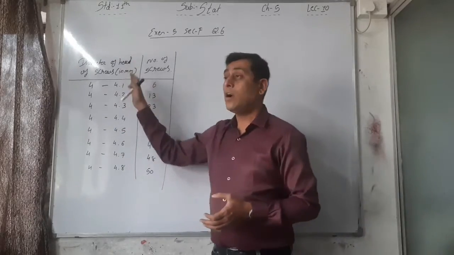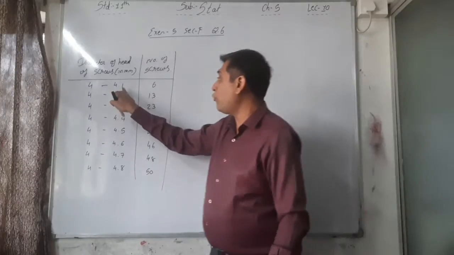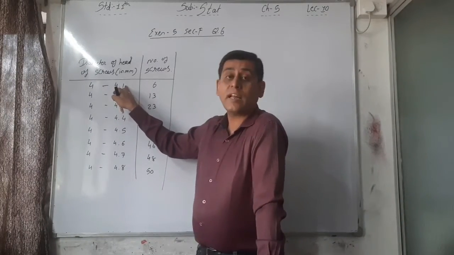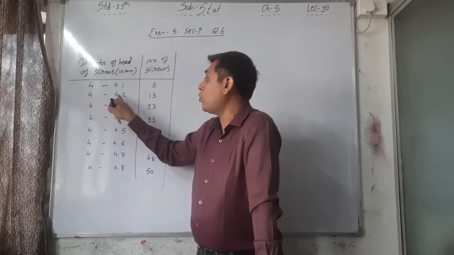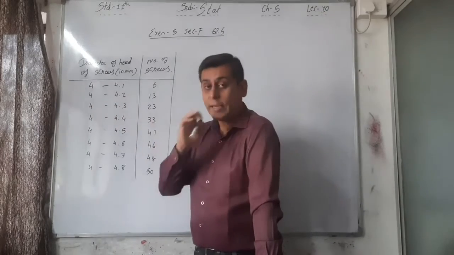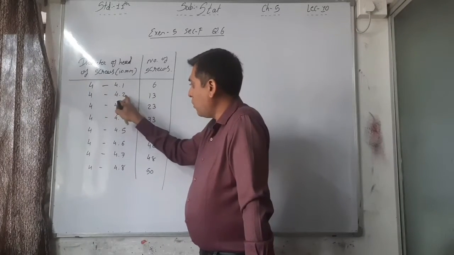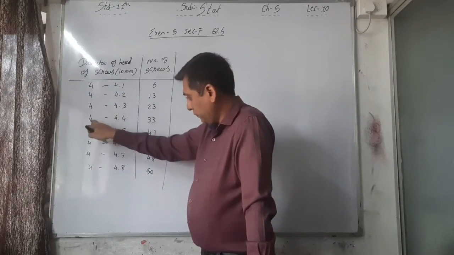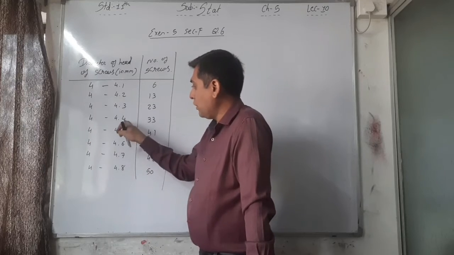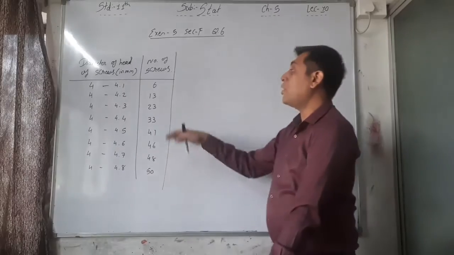This is a less than or more than type of data. Here 4 to 4.1, then the next class must be 4.1 to 4.2, then the next class is 4.2 to 4.3. If exclusive type data were given, the lower class boundary here would be 4.2, here 4.3, here 4.4, here 4.5 and so on. But it is not given.